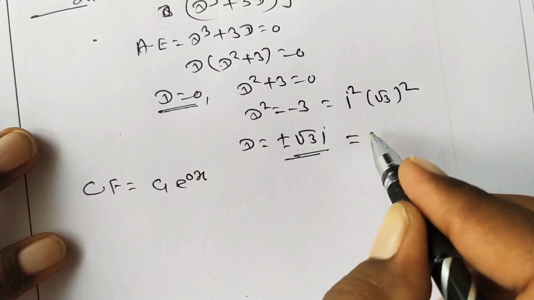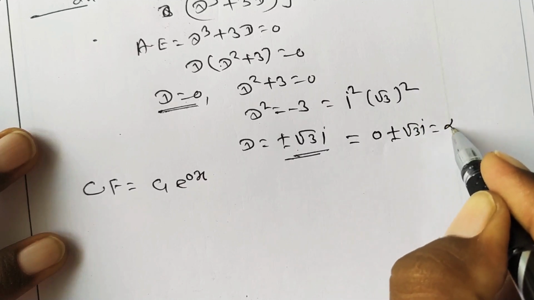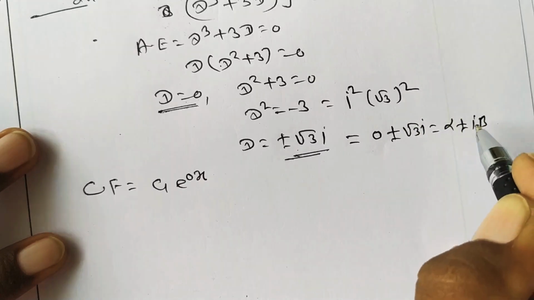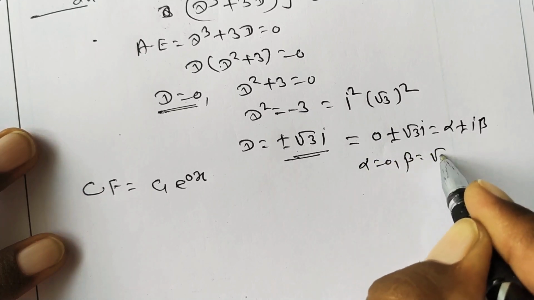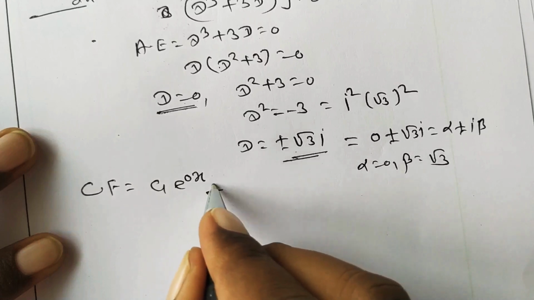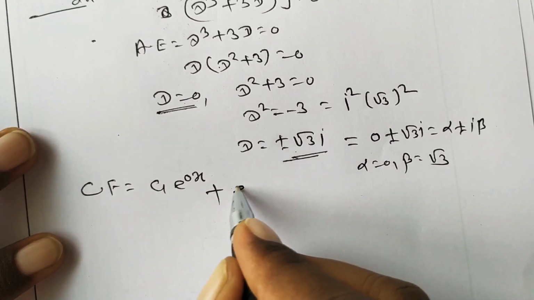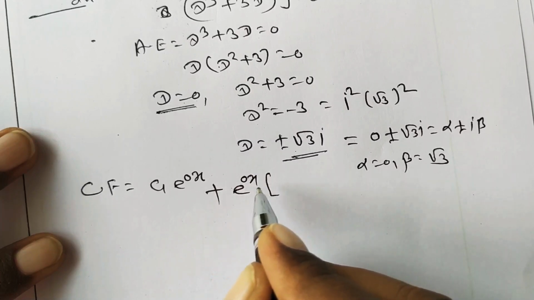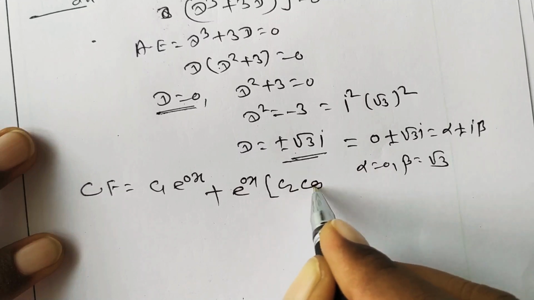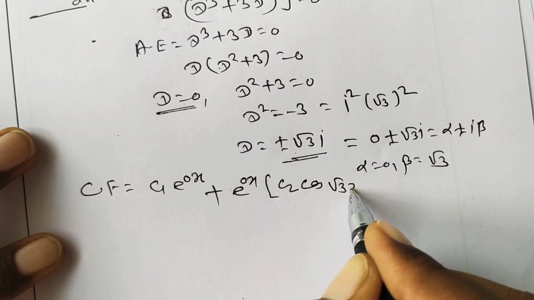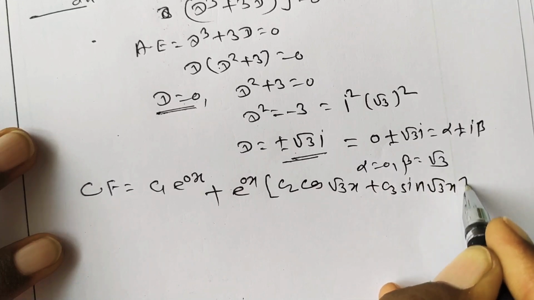Now plus or minus root 3 i, if we write it as 0 plus minus root 3 i and compare this with alpha plus minus i beta, then we get alpha equal to 0 and beta equal to root 3. So we know the formula if roots are imaginary, e to the power alpha x. Now what is alpha? 0. So e to the power 0x into c1 is already used here, so use the next constant c2 cos beta x, beta is root 3, plus c3 sin root 3x.